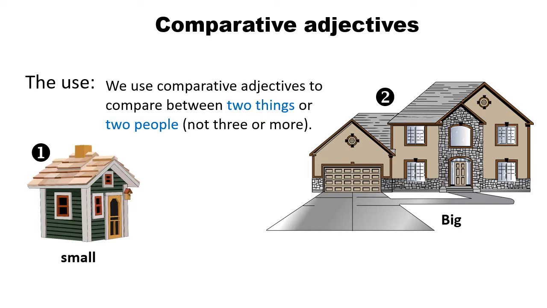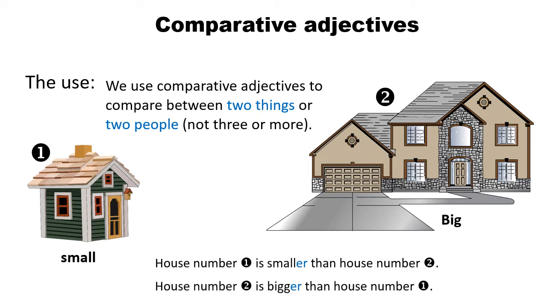Okay, if I want to compare between the two houses in terms of size, I should say house number 1 is smaller than house number 2. The other version or the other option is house number 2 is bigger than house number 1.